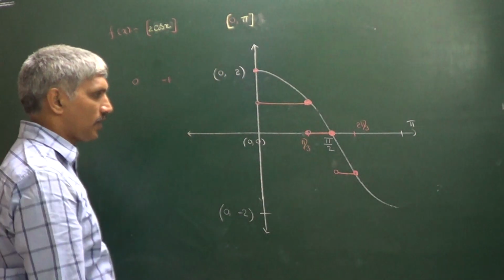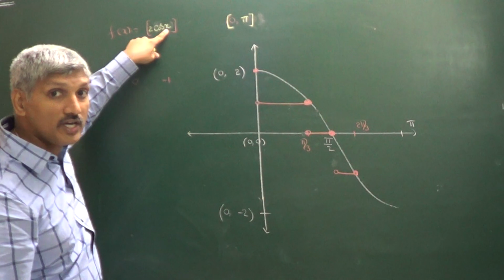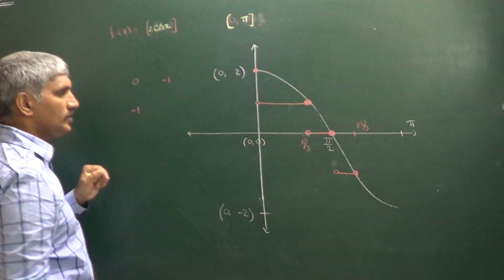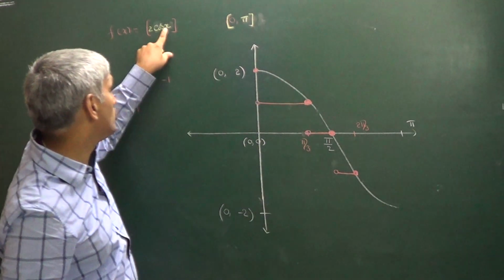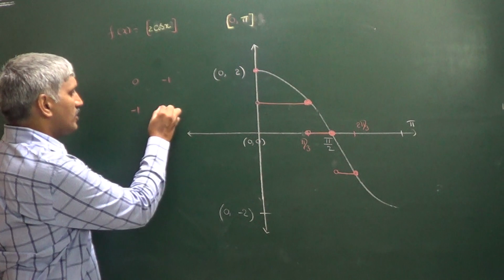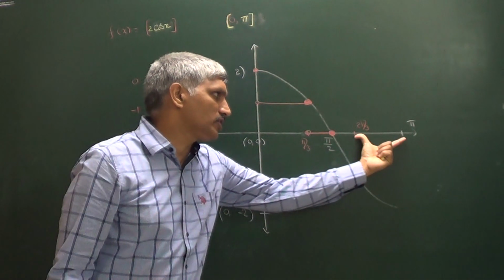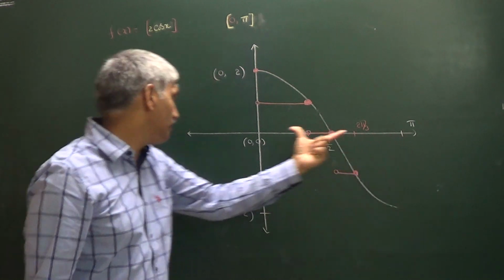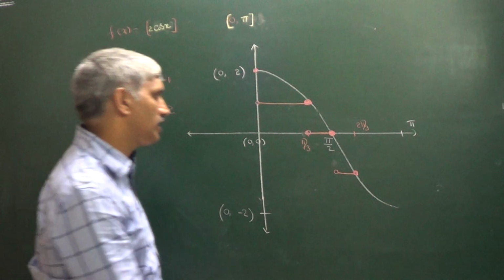This is the point 2 pi by 3 here. That is another point. Again from 2 pi by 3, because at 2 pi by 3 we are getting minus 1, but again at pi this value becomes minus 1 multiplied with 2, minus 2. It lies between minus 1 and minus 2. Between 2 pi by 3 to pi it lies between minus 1 and minus 2. Integral part becomes minus 2 only.